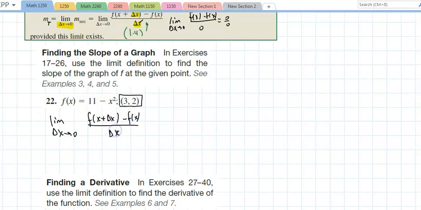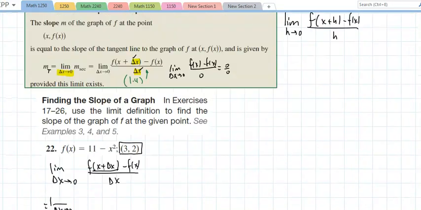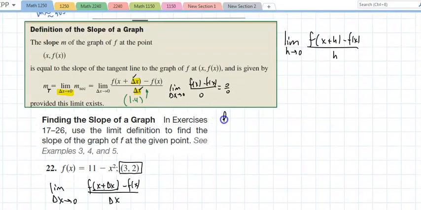So just like we did in section 1.4, what is f of x plus delta x? If I figure that out here, I'll figure it here. If I figure out f of x plus delta x, that would be 11 minus (x plus delta x) squared.